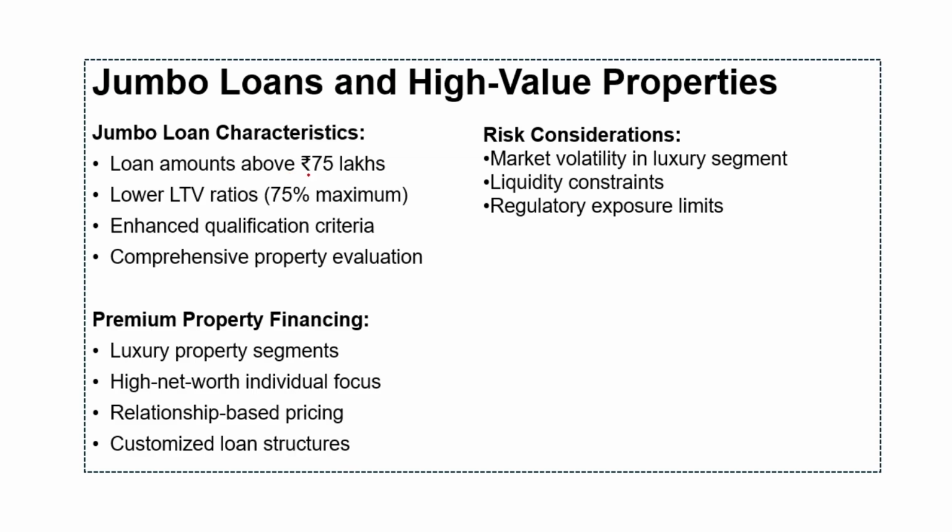So, the ticket size we can see is very high, 75 lakhs and above. The lower 75% maximum LTV ratio reflects both regulatory exposure limits and risk management practices for high value assets. So, we have 75% maximum LTV.